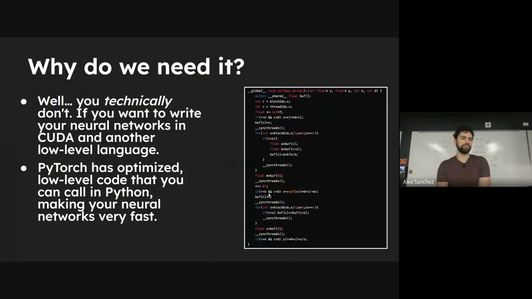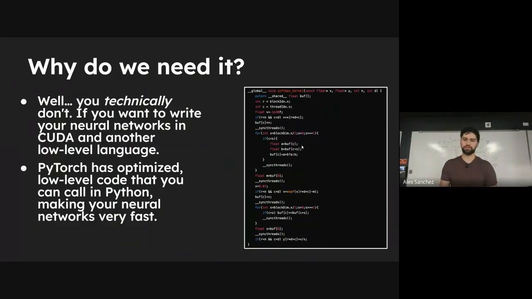Again, why do we actually need PyTorch? Again, you technically don't, but this would require low-level coding for these neural networks. And this is just an example of one kernel. You have to deal with multi-threading.